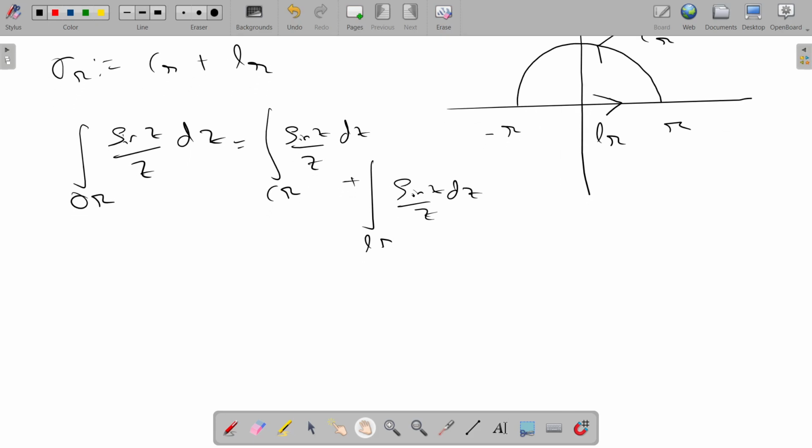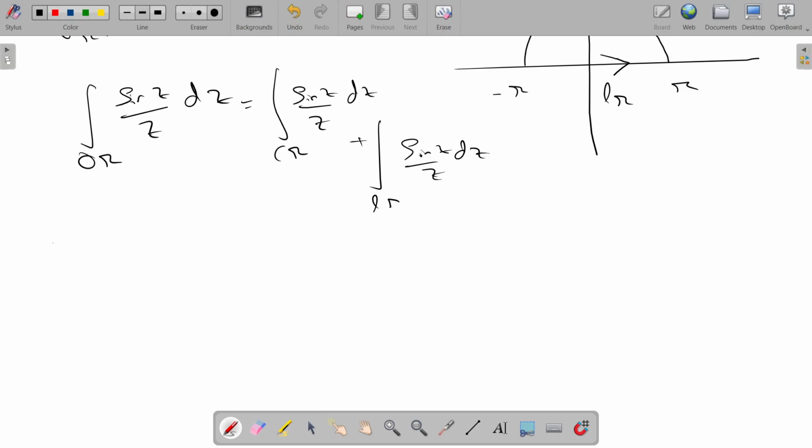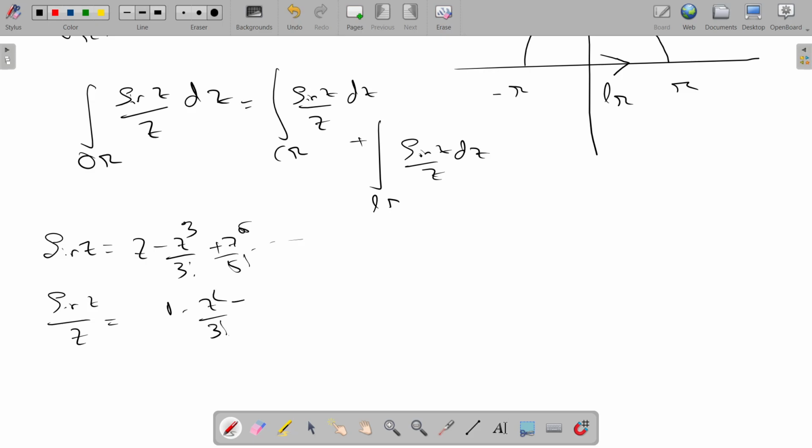That will be 0, because we need the residue at 0. Sin z is z minus z cube by 3 factorial plus z to the power 5 by 5 factorial and so on, so sin z by z is 1 minus z square by 3 factorial plus and so on. The residue is the coefficient of 1 by z, which is 0.